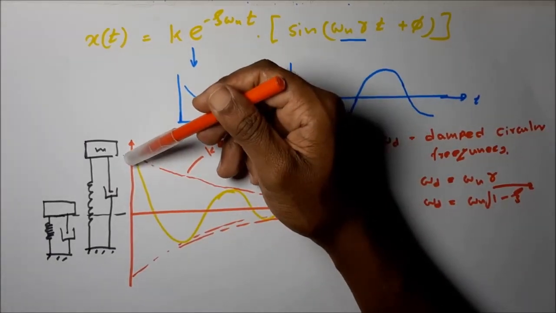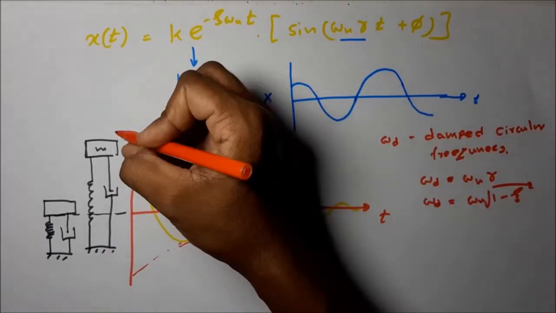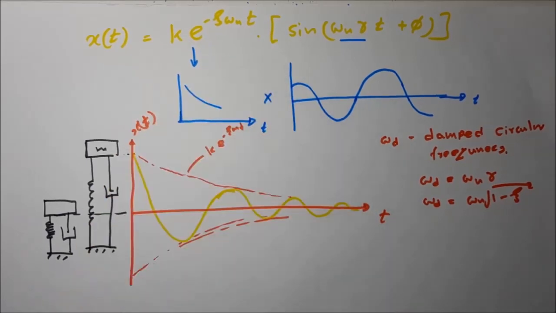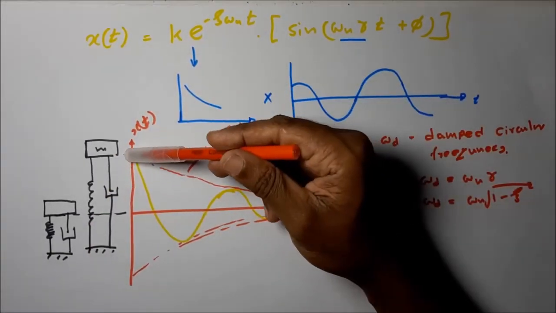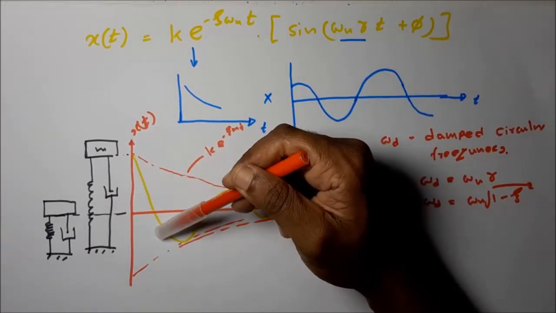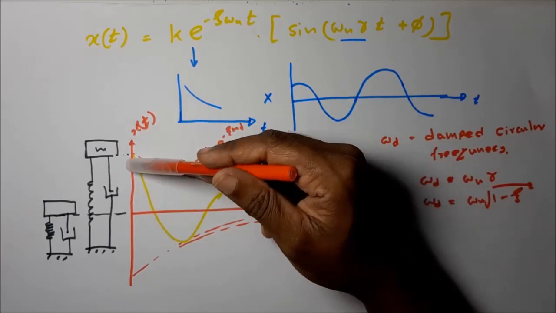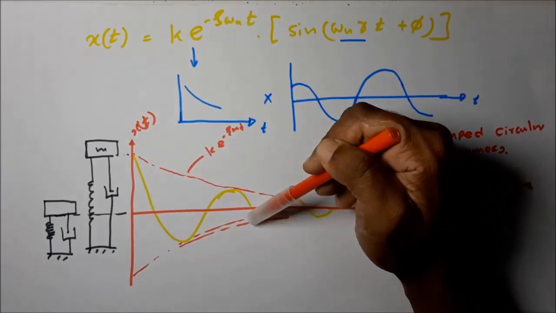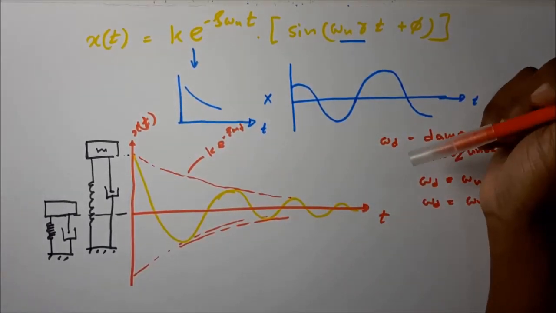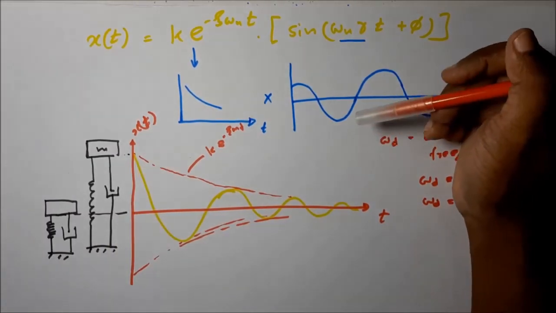It forms this kind of function for x(t), goes to the negative side, and produces periodic motion with overshoot.